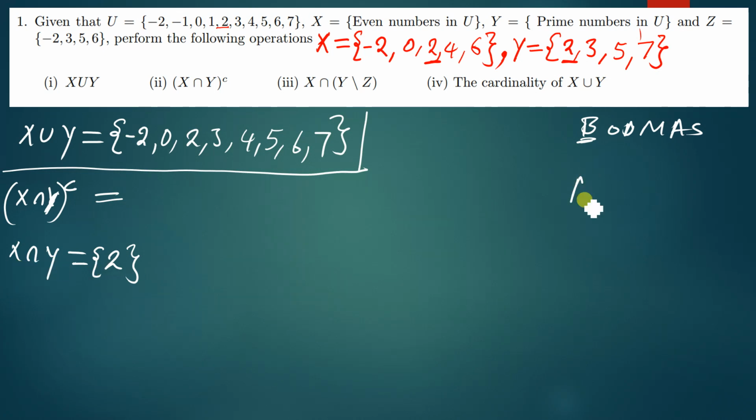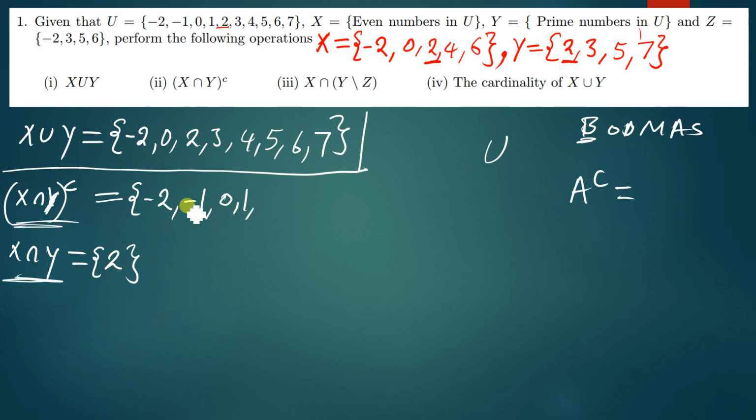So if I say A complement, it means that I'm going to list all the elements that are in the universal set, but they are not in A. In other words, I'm listing the universal set minus A. So the universal set that I have is -2, -1, 0, 1, 2, but 2 is present in x intersection y, so we leave it out because we are trying to find the complement of this set.